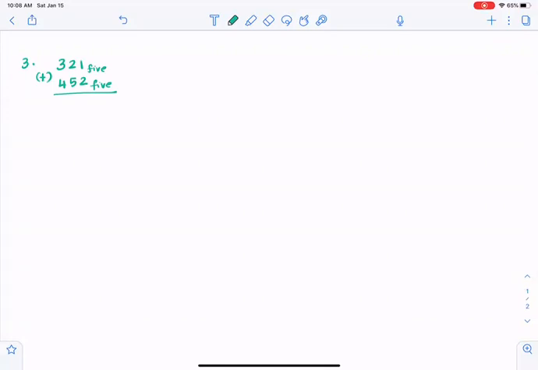So even though I wrote it out, with practice, you'd be able to do it mentally. So I'll go ahead and write this table because it's very useful. So base 10, base 5, 0, 1, 2, 3, 4, 5, 6, 7, 8, 9, 10.